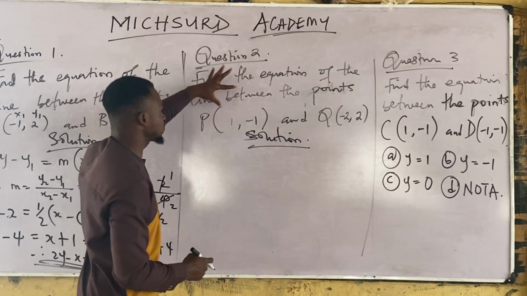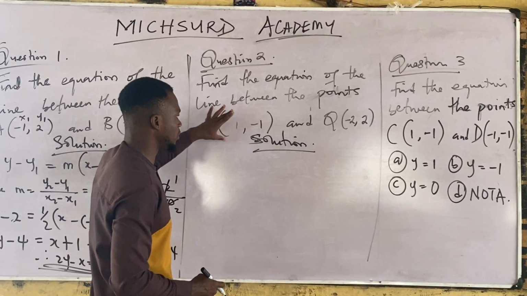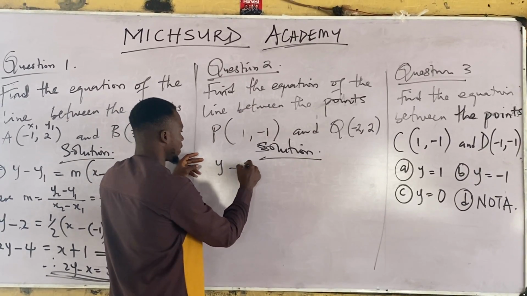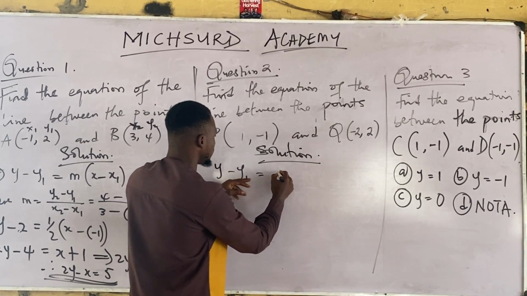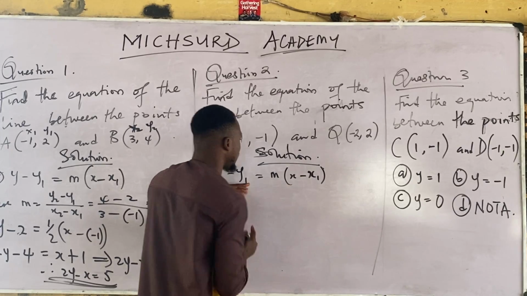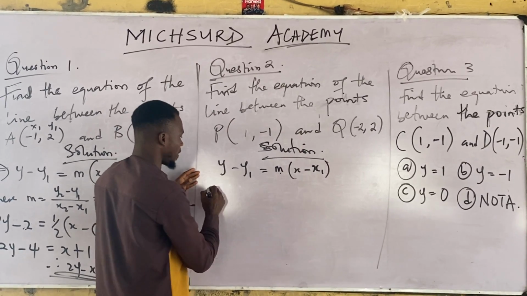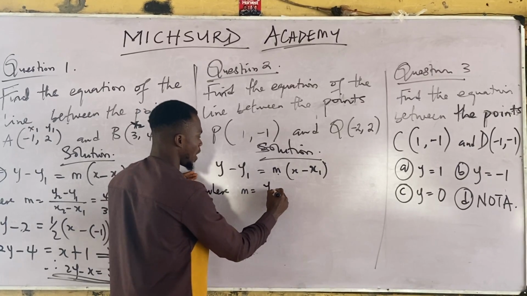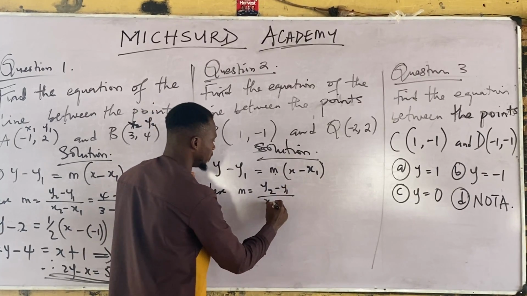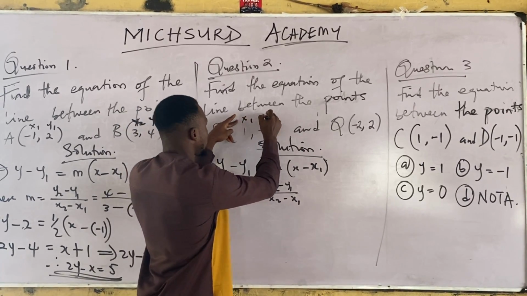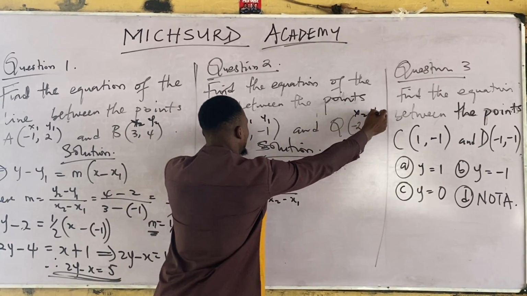The same way we are solving the equation of the line between 2 points. So we use the formula y minus y1 equal to m(x minus x1). So we have to find the slope first, where our slope m will be y2 minus y1 all over x2 minus x1. So these are x1, y1, these are x2, y2.